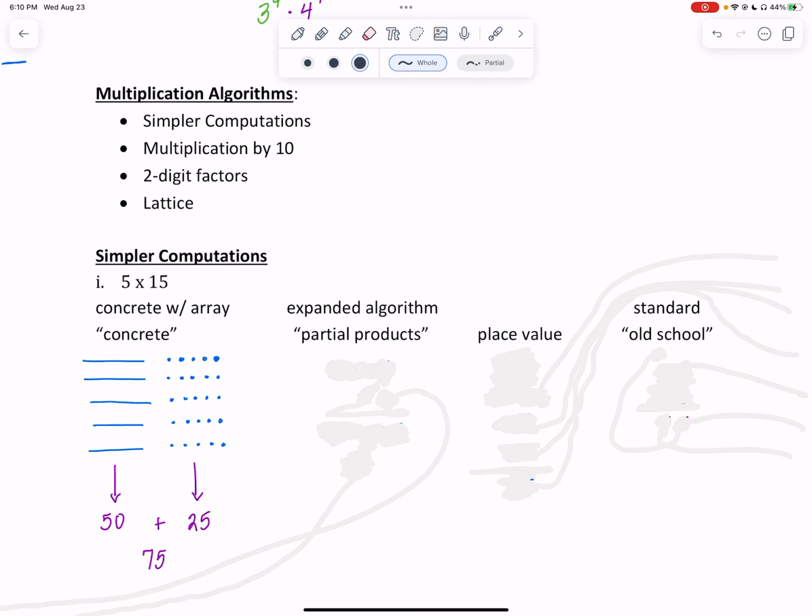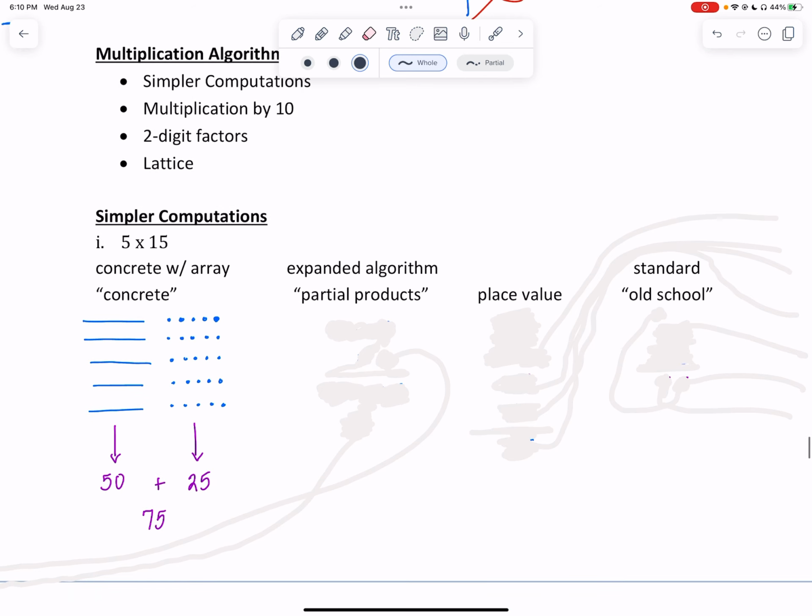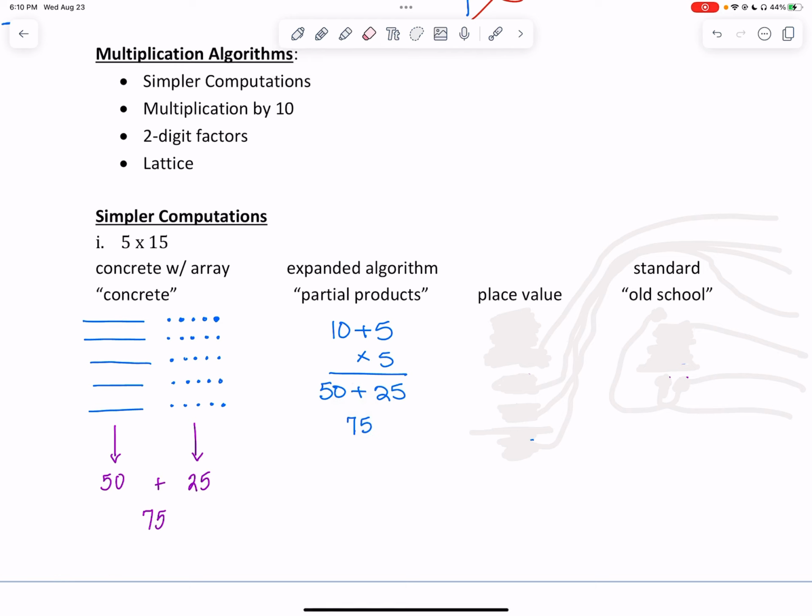Here's another way. It's called partial products. It's an expanded algorithm. This is where we take 15 and separate it into 10 and 5, and this is what a lot of people do when they do mental math. I'm going to multiply each piece by 5, and it doesn't really matter what order you do it in.